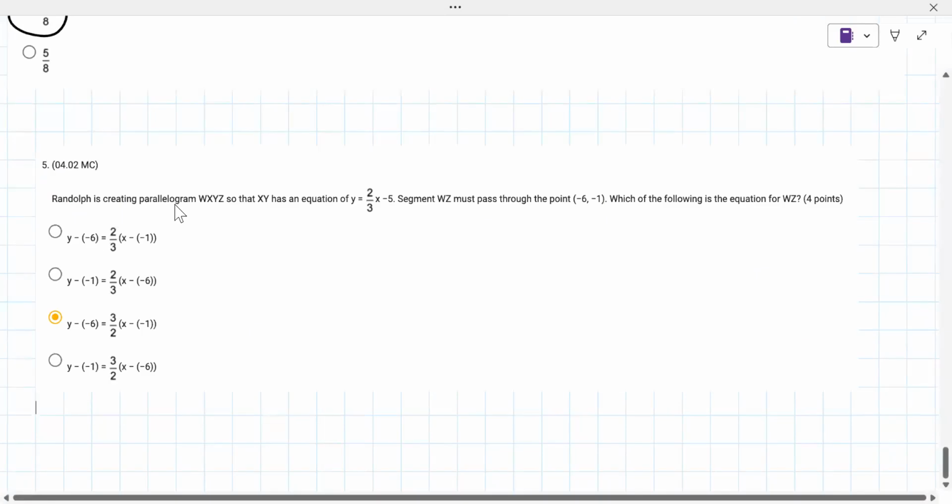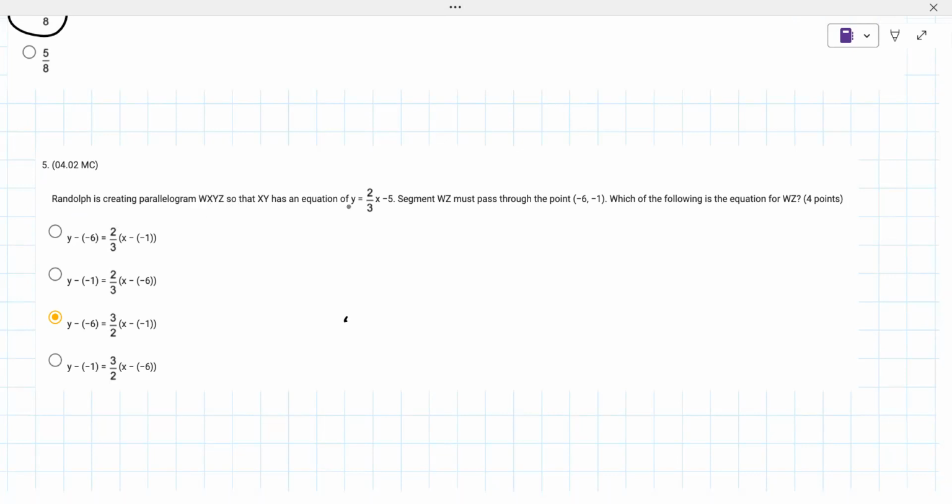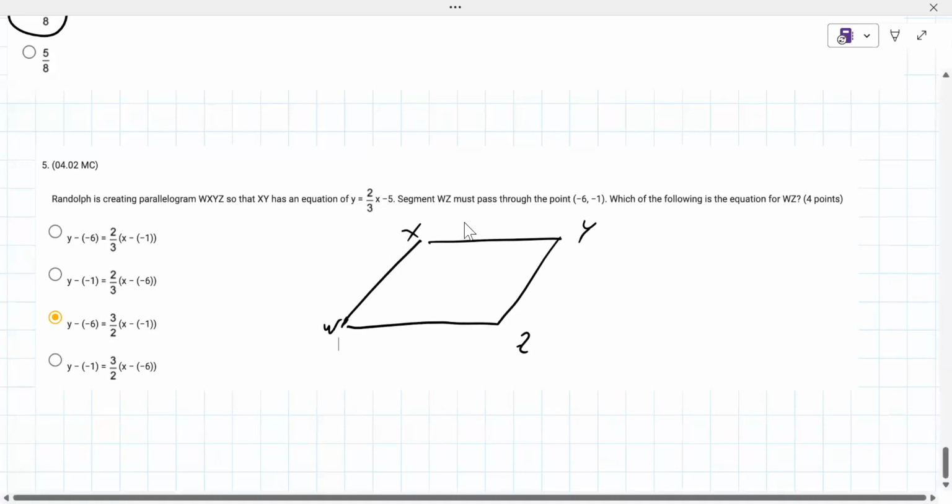Find the equation for WZ that's parallel to XY. So we've got to draw a picture here again: W, X, Y, and Z. XY is the one at the top with this equation, and WZ is parallel to it.